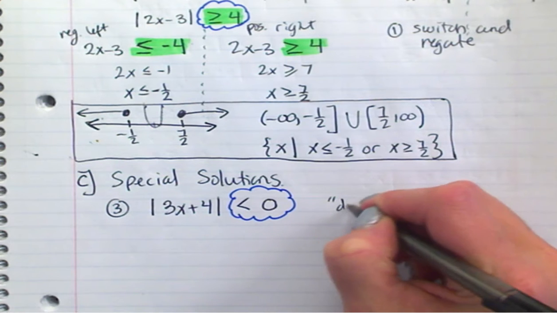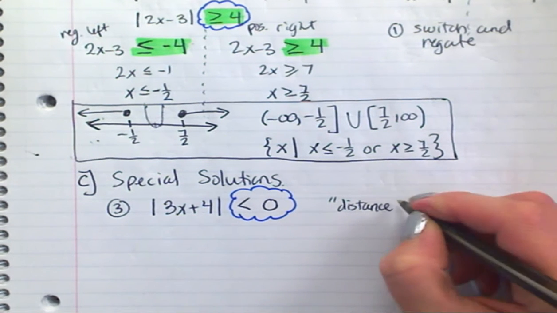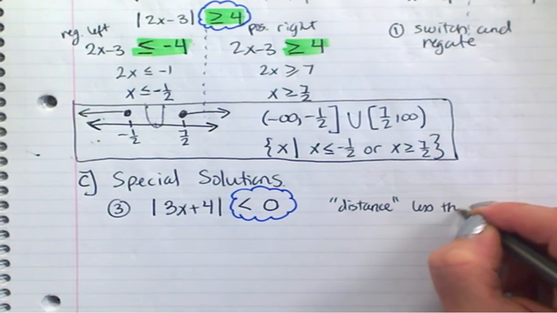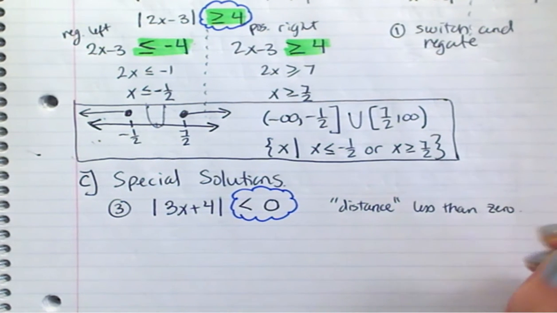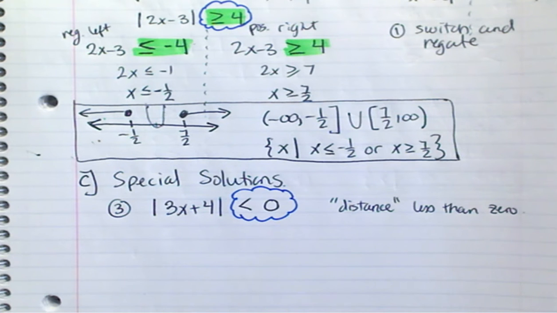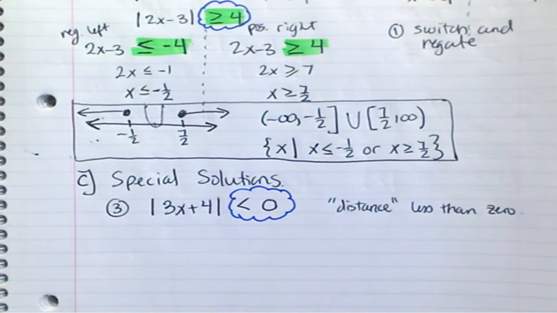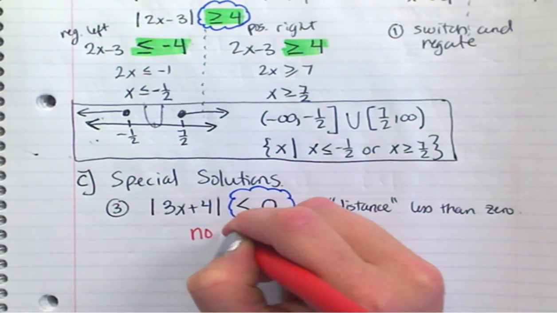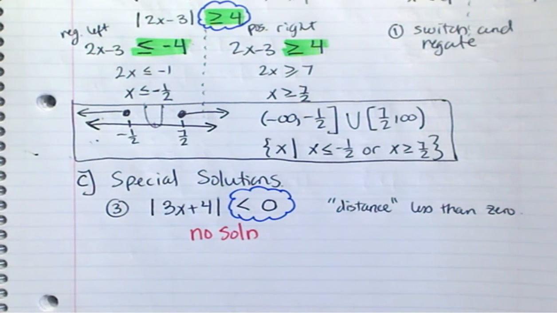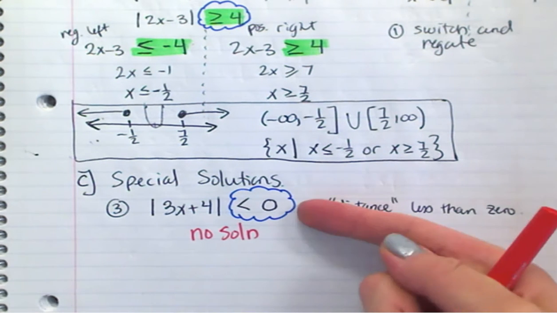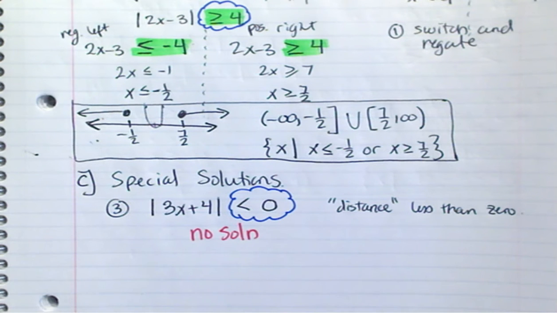Can distance, right? I'm translating, and this is what I say to myself. Distance less than 0. Yes or no? Can distance be less than 0? Guys, do not solve past something that does not have a solution. You will get confused by what it looks like. So you have to evaluate it. Before you split it, you always got to read that statement to make sure.